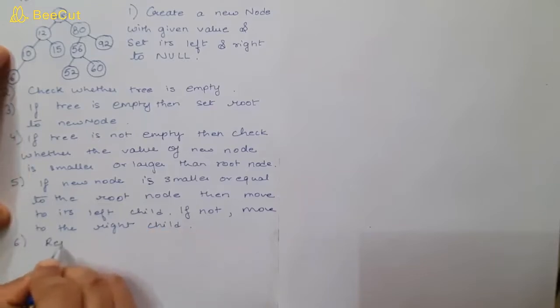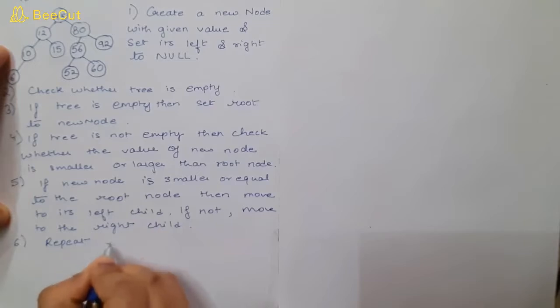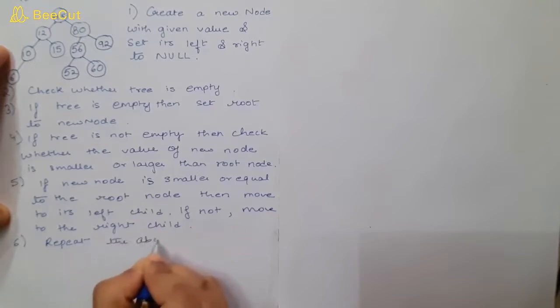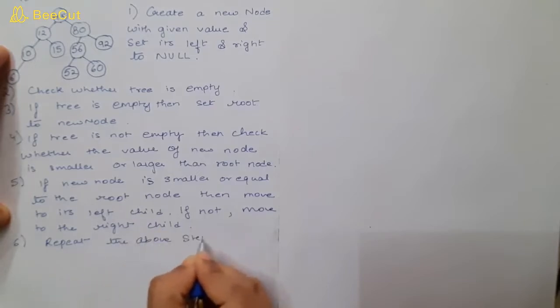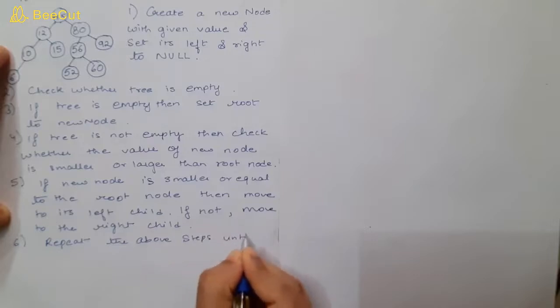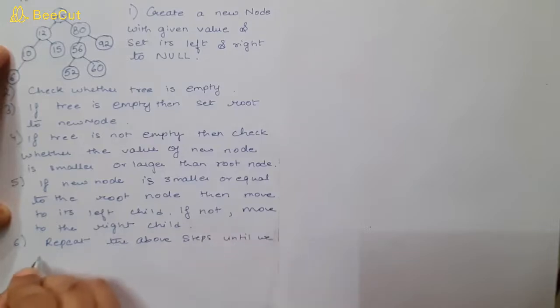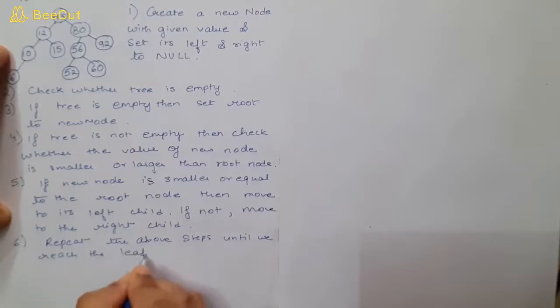So we have to repeat the above steps until we reach the leaf node. Always a new node is inserted at a leaf node.